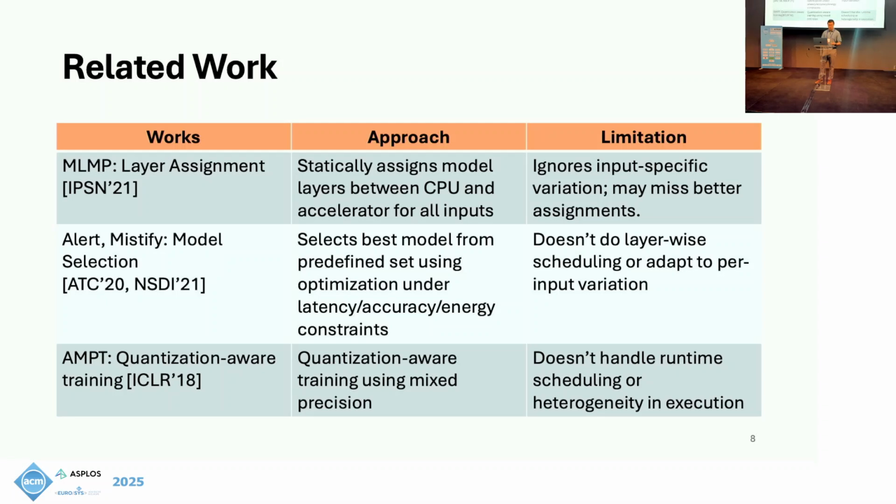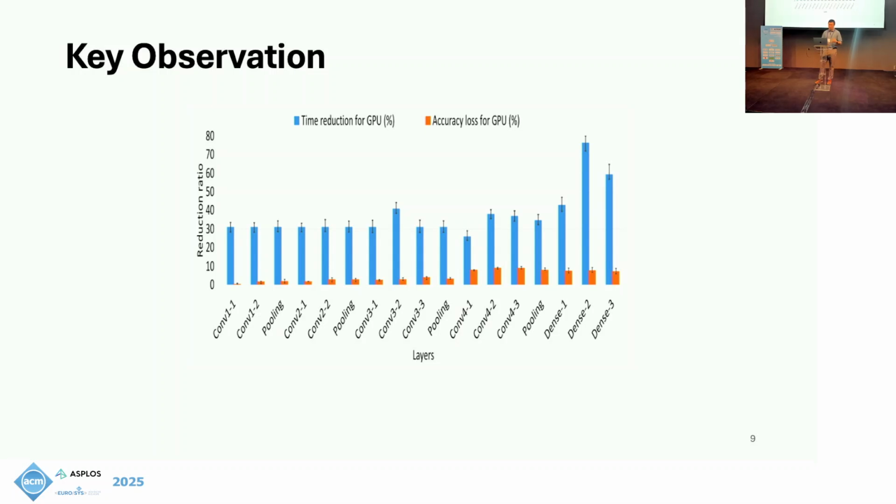In contrast, FLEX is the first system to perform dynamic per-input layer assignment across CPU and LCA, combining the benefits of both low latency execution and high accuracy. To guide FLEX design, we first analyze the performance of individual layers on different hardware accelerators.